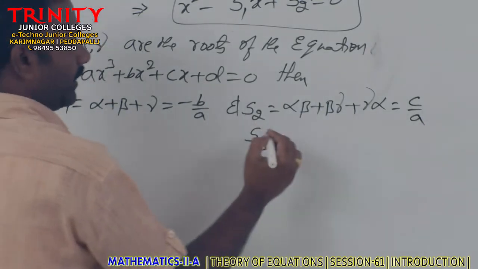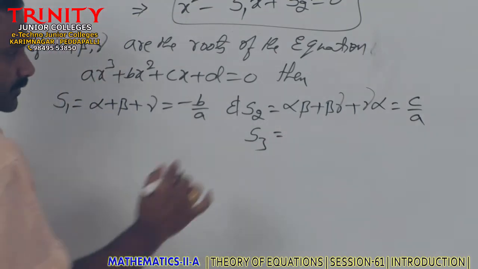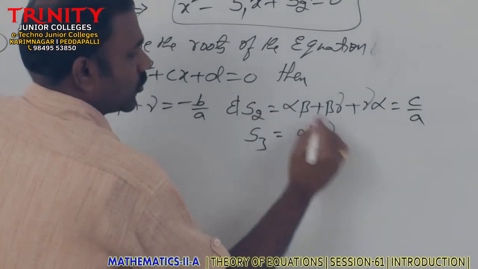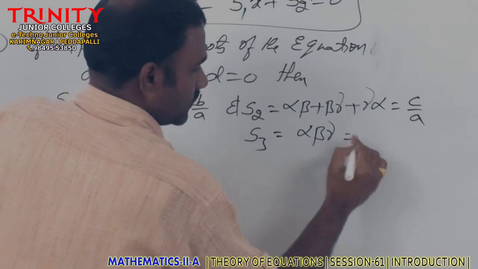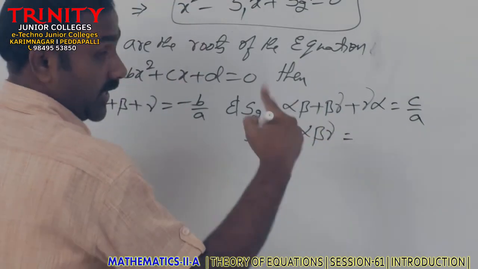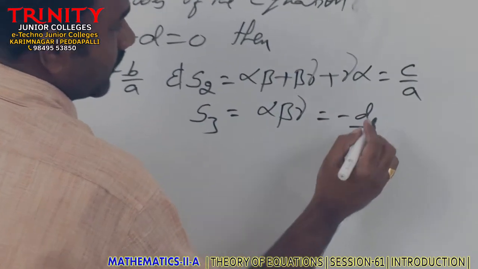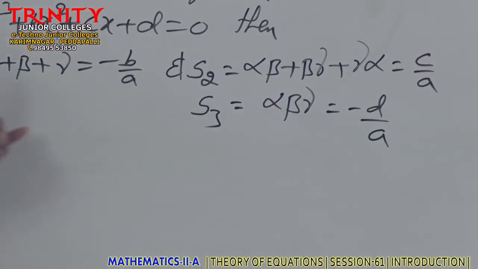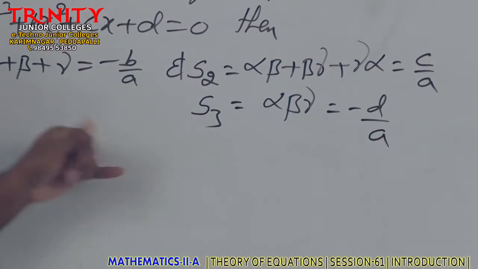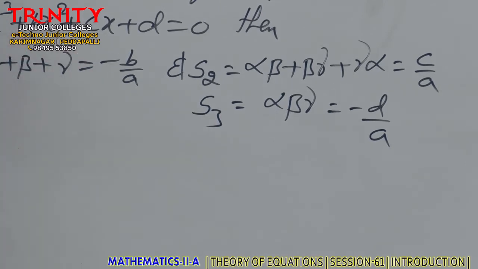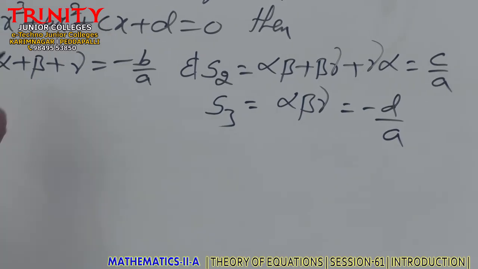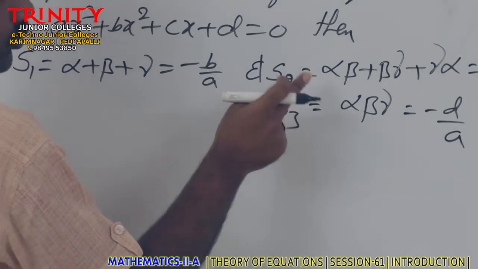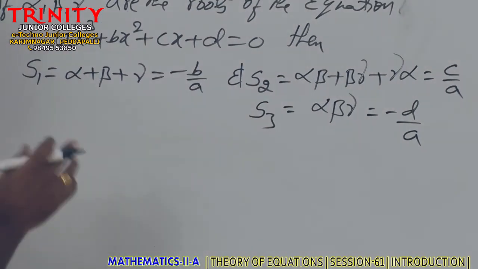S3 is equal to the product of three roots, alpha into beta into gamma, that is negative, minus d by a. S1 is negative, so minus we have to take. If minus is already there, then it becomes plus. We should compare with the standard form. Then S2 and then S3.